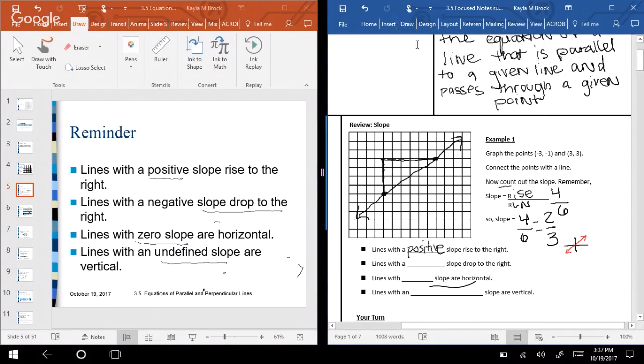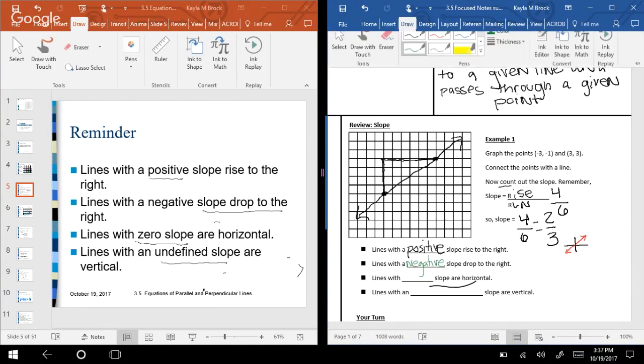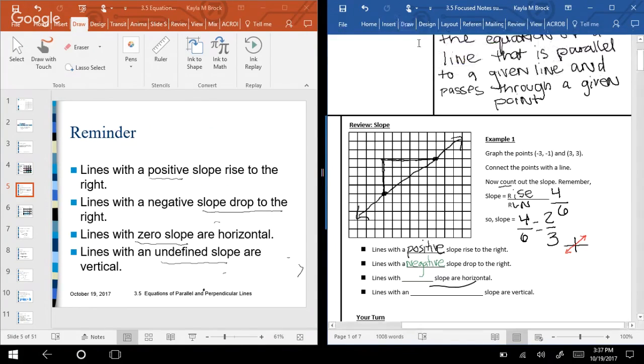Lines with a negative slope drop to the right.